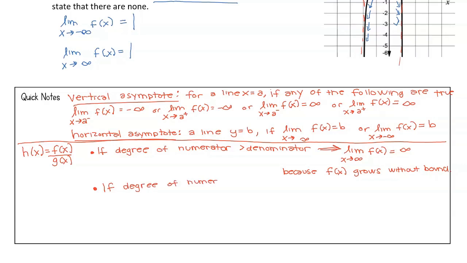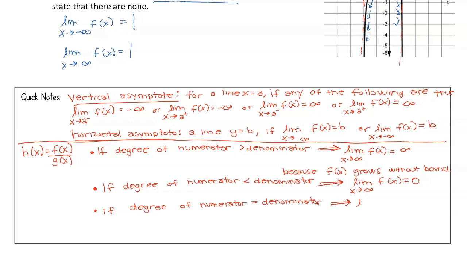Now, if the degree of the numerator is less than the denominator, then the limit as x approaches infinity of f of x is going to be 0. If the degree of the numerator equals the denominator, then the limit as x approaches infinity of f of x is going to equal the ratio of the leading coefficients.